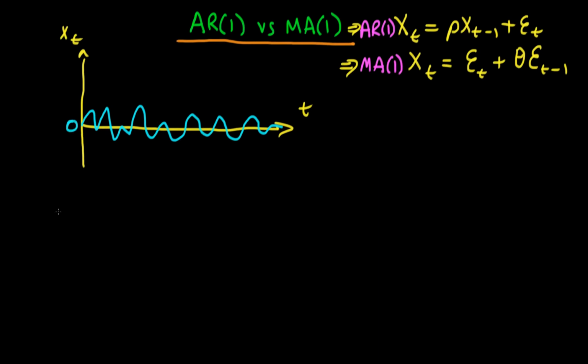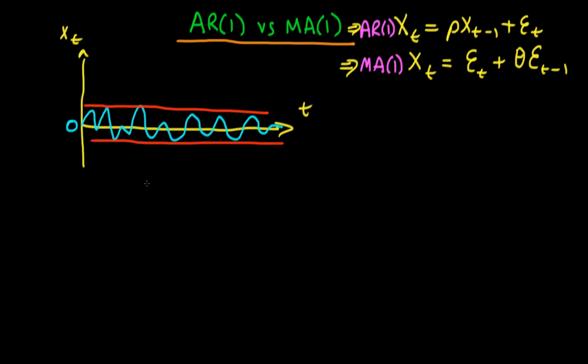If it doesn't, then it can neither be an AR1 process, nor can it be an MA1 process. Similarly, we have to require that our process has a constant variance. So that just means that the variance of our process looks relatively constant across time, because if it doesn't, then similarly it cannot be an AR1 nor an MA1 process.